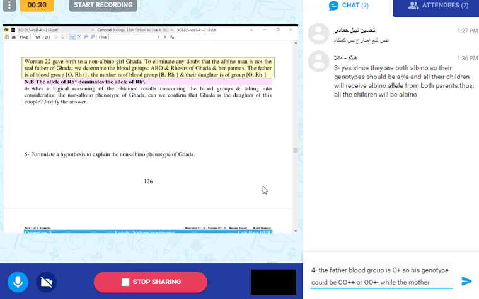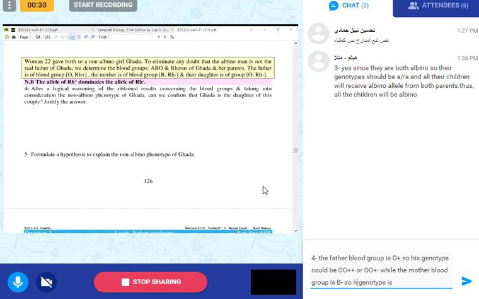Okay. While the mother genotype is what? Or sorry, the mother blood group is B minus.